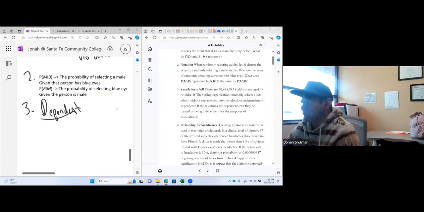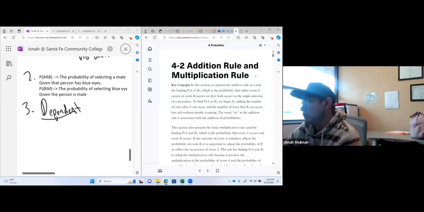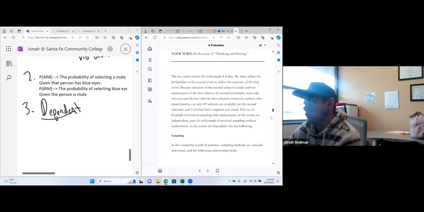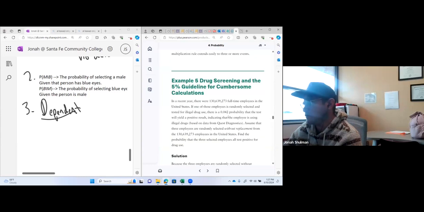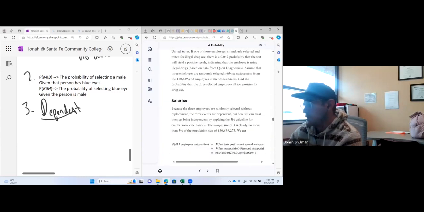Now, can they be independent? So this was that part. You should reread this a few times. There's this percentage. I believe it's 0.05. Yeah, 5%. The 5% guideline. As long as this sample size is no more than 5% of our population, we can claim it's independent. So let's find out. We got 5% to deal with.